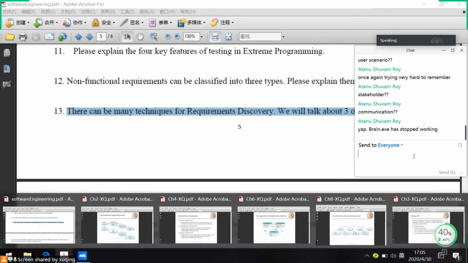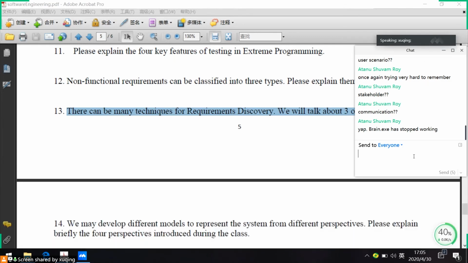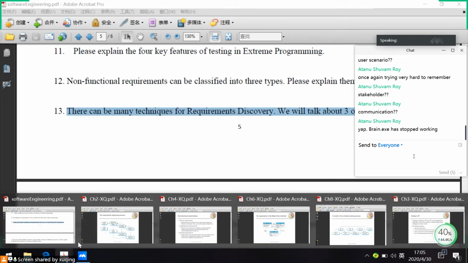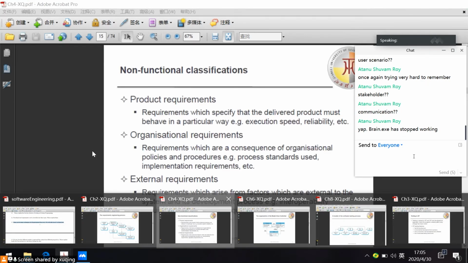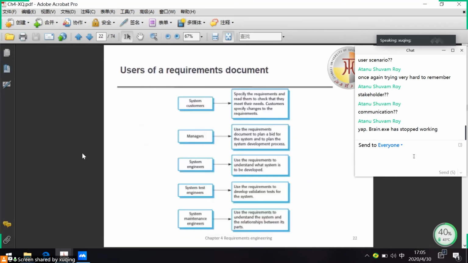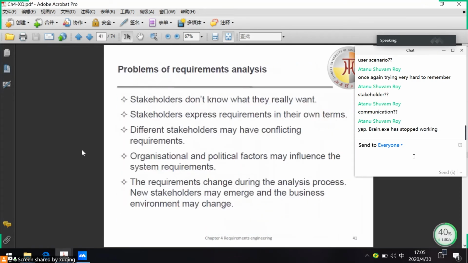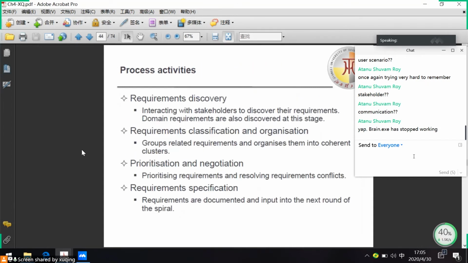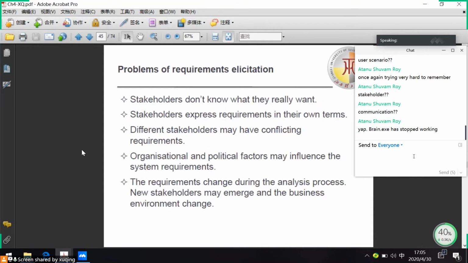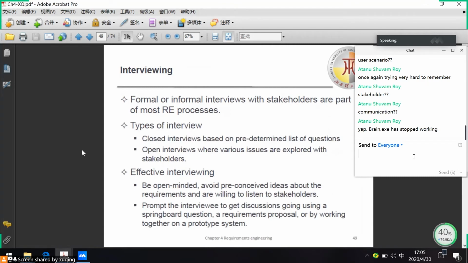In the 4th chapter, we will see the different techniques. The 4th chapter normally is here. You see interviewing.